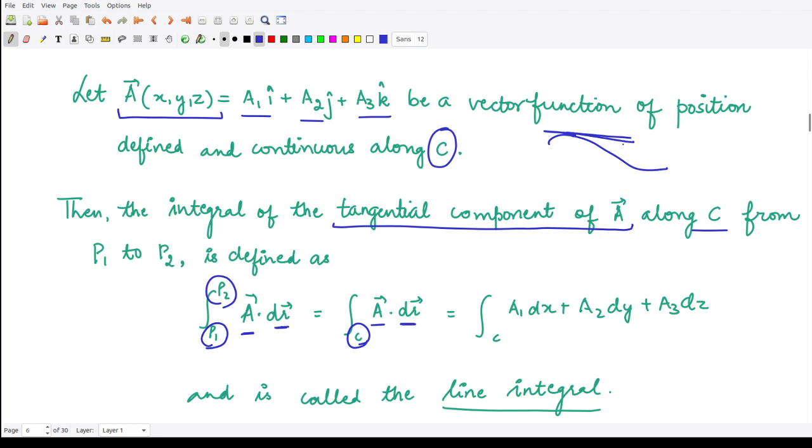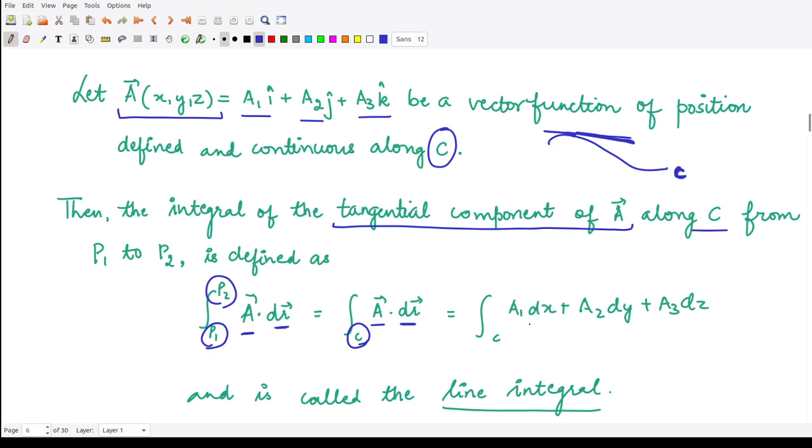Whatever is the tangential component of this vector along the tangent direction to this curve, in that direction we can perform this integration, and that integration is known as line integration.